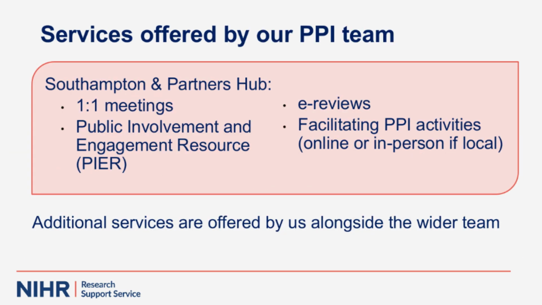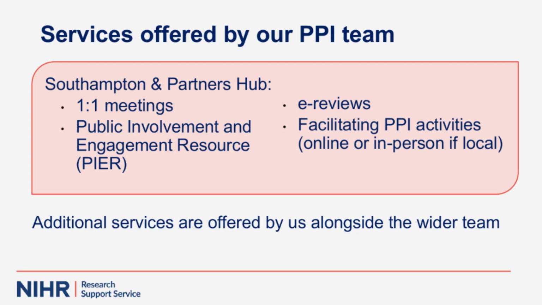We offer a range of services within the RSS. We are a national group with several hubs, and I'm going to talk about what we offer at the Southampton and Partners Hub. Other RSSs in different areas may offer slightly different support packages. We offer one-to-one meetings to find out what you need in terms of support from us and to discuss your project in more detail and help you plan your PPI activities.